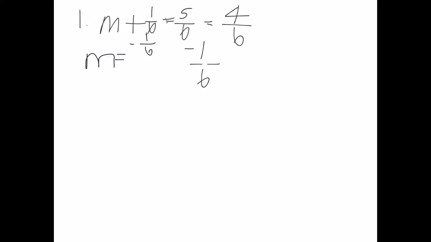And then 4 over 6 plus 1 over 6 equals 5 over 6. So there you have it. So n equals 4 over 6.